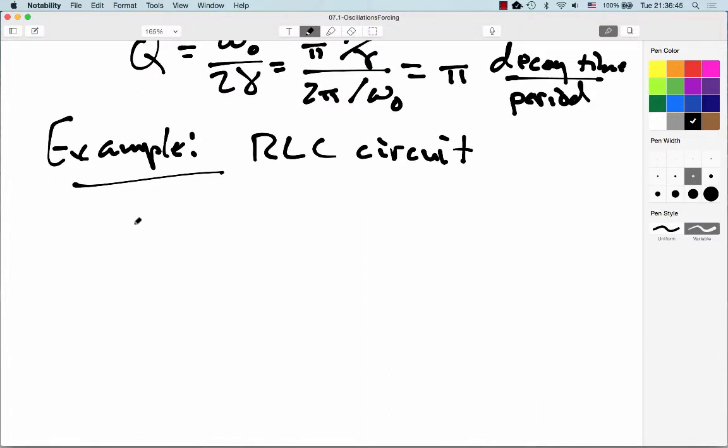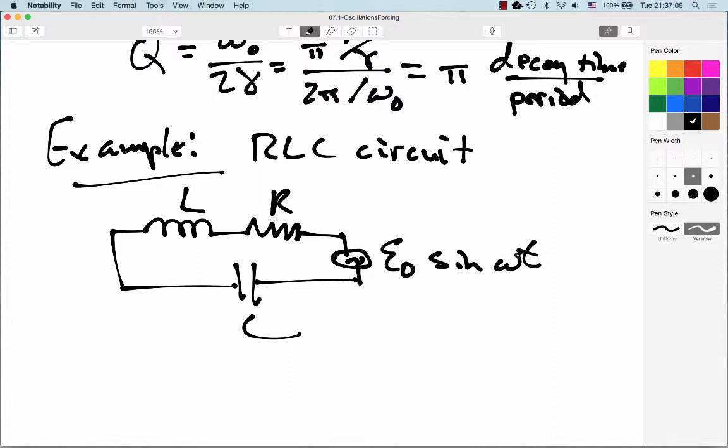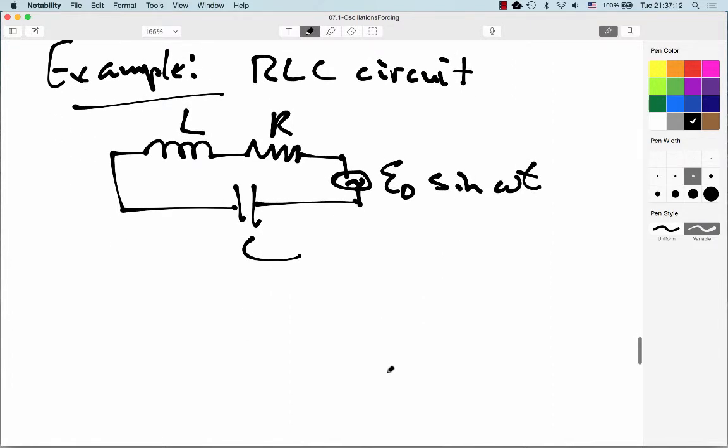We'll imagine an inductor in series with a resistor and a capacitor, and it's all being driven by some sinusoidal EMF source. It's being driven E naught sine omega t. And let's go ahead and find the current and the voltage across the inductor.